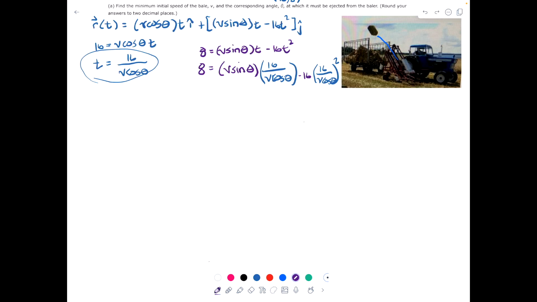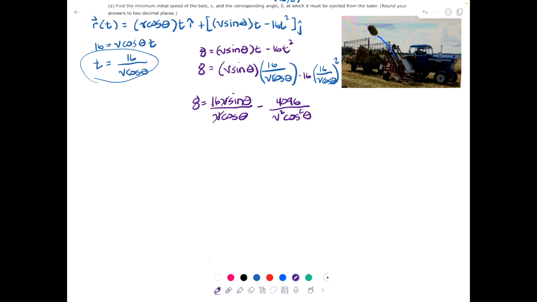Okay, so we will get 8 equals 16 V sine theta over V cosine theta, and those V's will divide out, and then minus 4096 over V squared cosine squared theta.